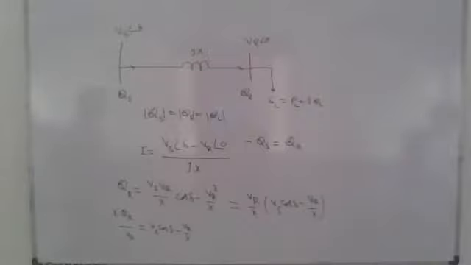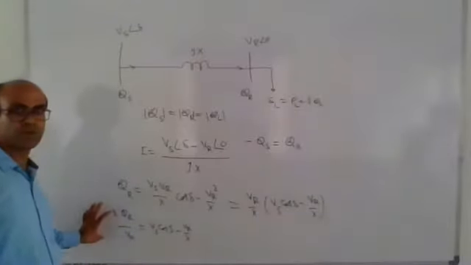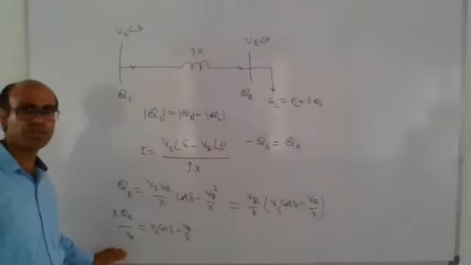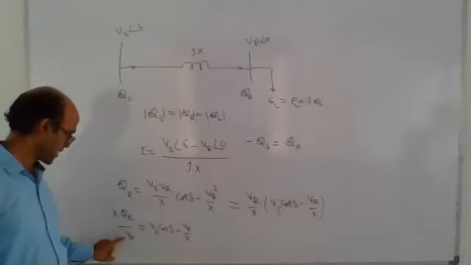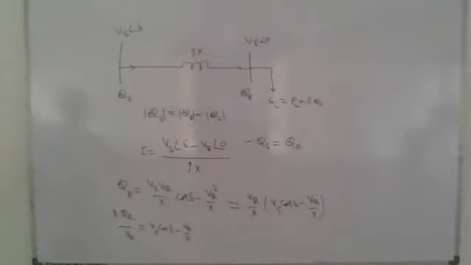This we can write here. VS, VR, X are all magnitudes. Every quantity here is a magnitude. X is a magnitude, QR is a magnitude, VR is a magnitude. All these are magnitudes.